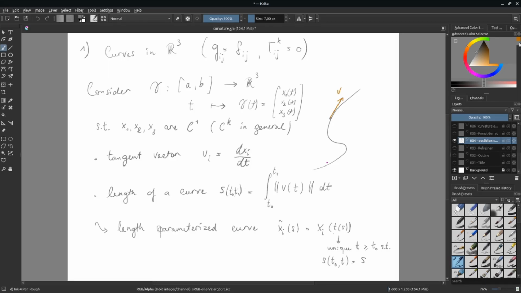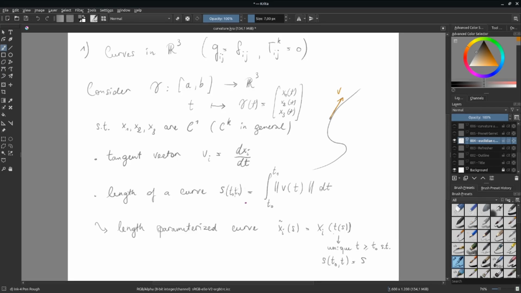nice reference curve. And so what we can do is take something called a length-parameterized curve. Notice that the length here, if I pick some t0 and I look at the length of the curve for t1 greater than t0, this is going to be a strictly increasing function, and so it's going to be invertible.